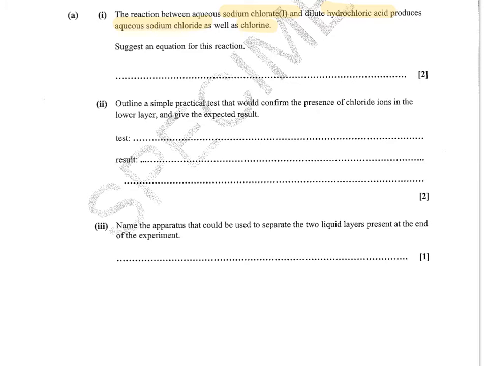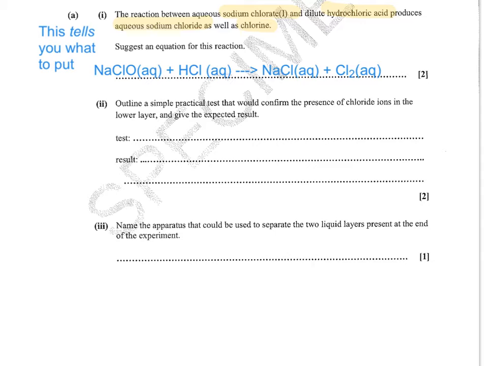In other words, they're telling you in words what to put into the equation. In other words, that's what we know already. However, it's not balanced because what has to happen is that the hydrogen has to be dealt with somehow.